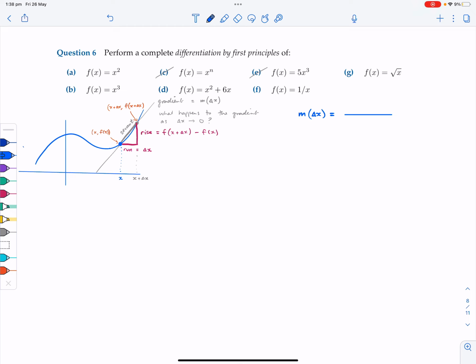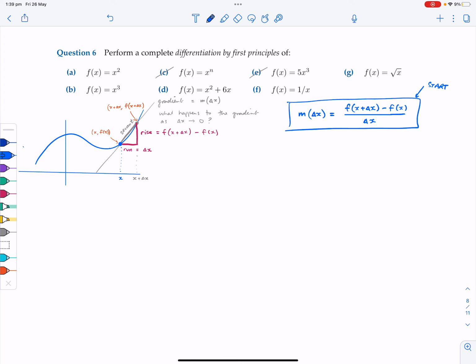So I get f of x plus delta x minus f of x over delta x. That's going to be my starting point for each of these things. Not a fresh diagram each time. This is my starting point, and you should understand it. It's simply two y values subtracted divided by the run.